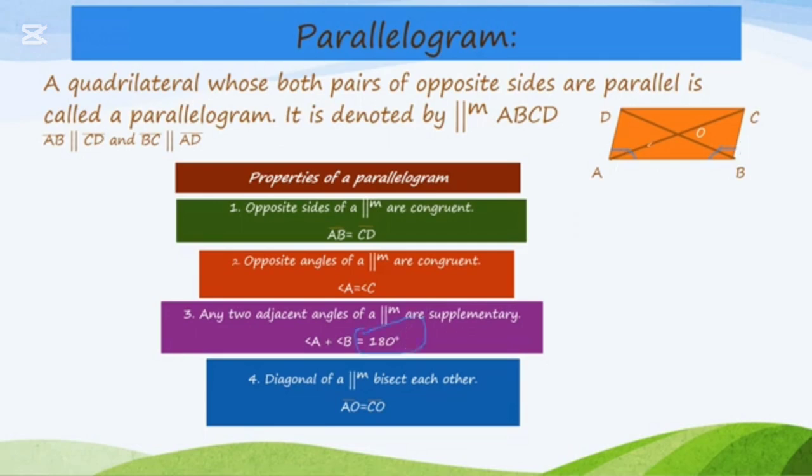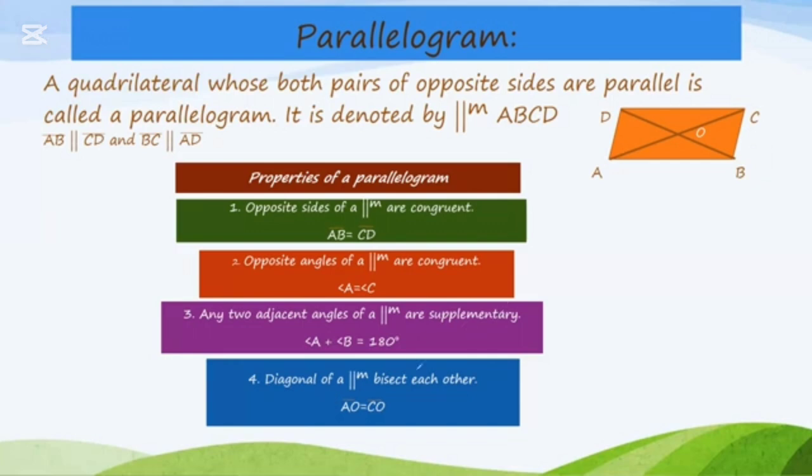In the same way, we can say that angle B plus angle C is equal to again 180 degree, or we can say that angle C plus angle D is equal to 180 degree. Okay, so this is the property that any two adjacent angles of parallelogram are supplementary. Supplementary means sum is equal to 180 degree.